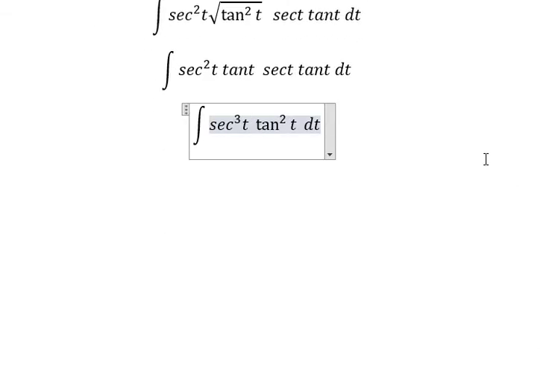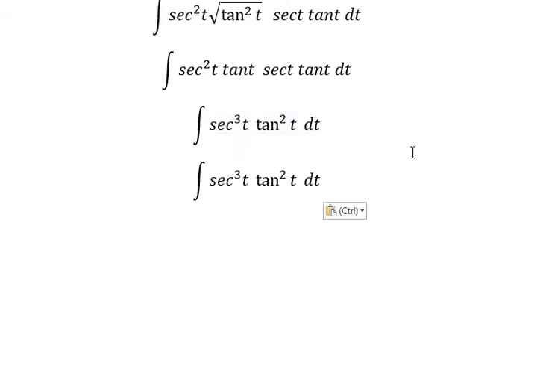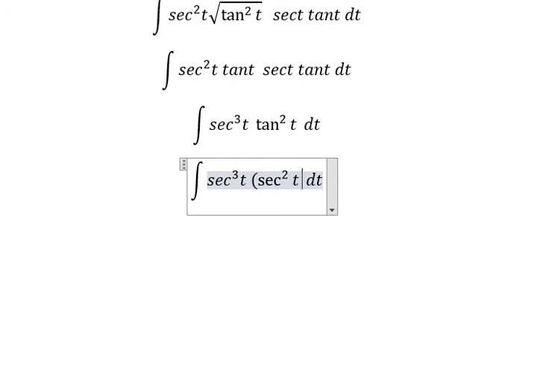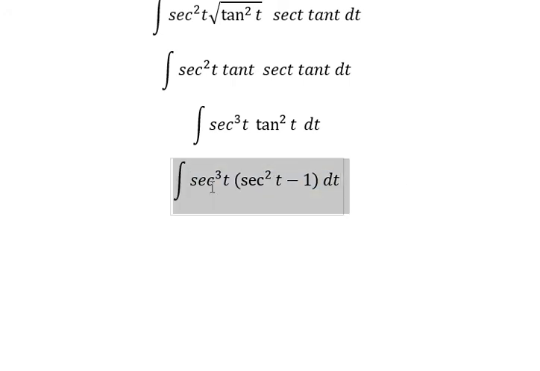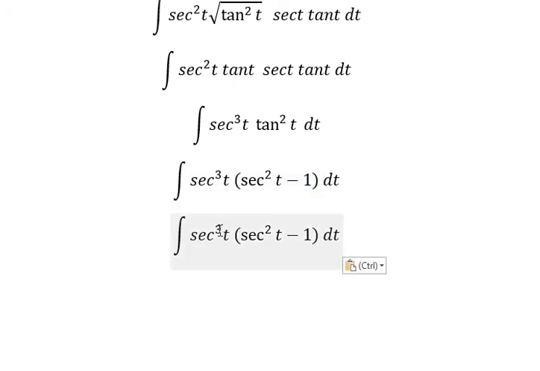And now, tan t squared, you get secant of t squared minus 1. And now we have secant of t to the power of 3 multiplied by secant of t squared minus 1.